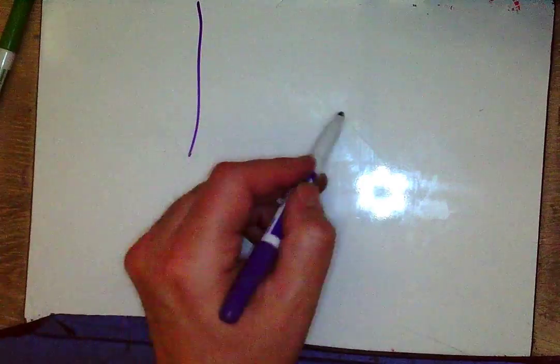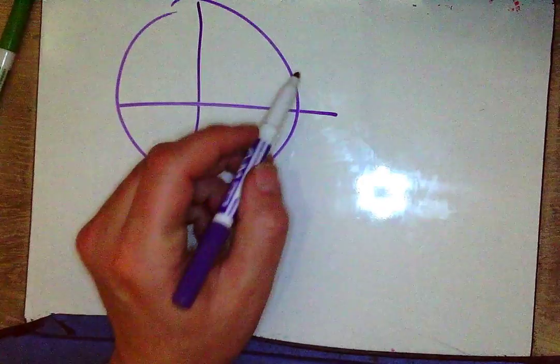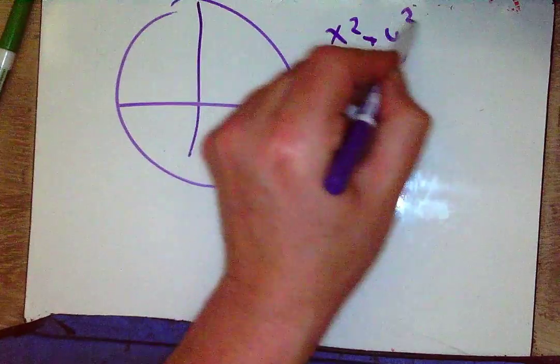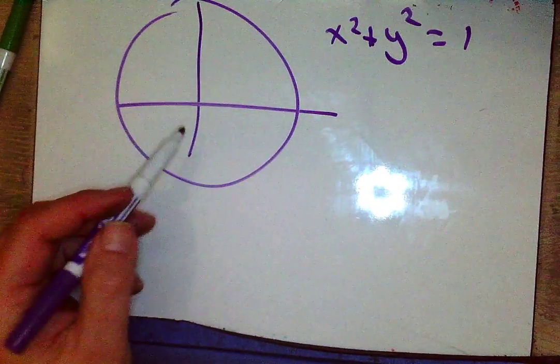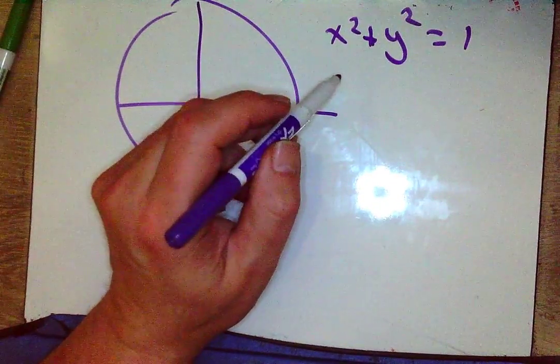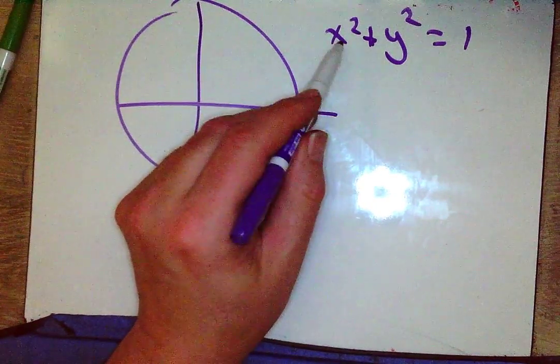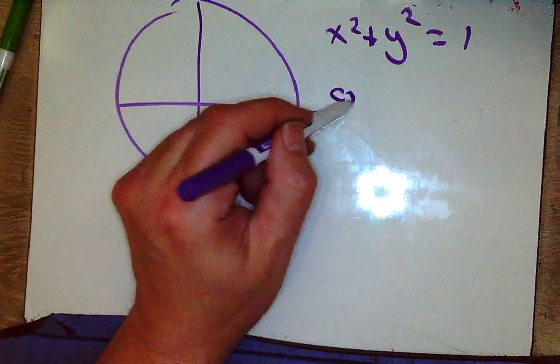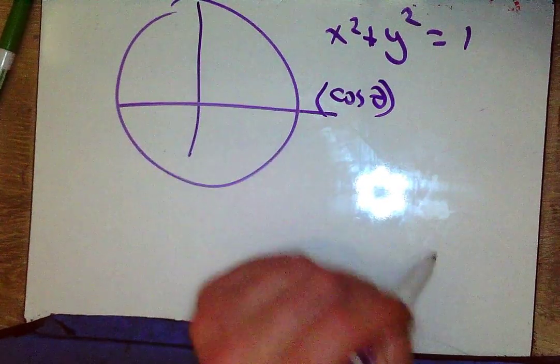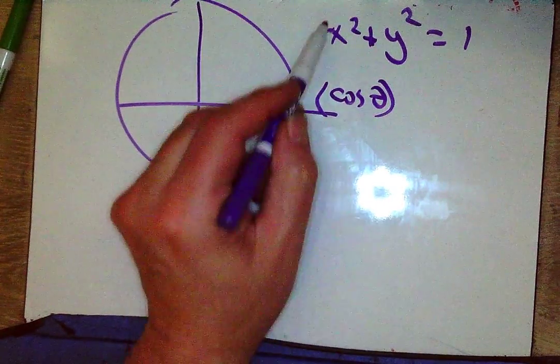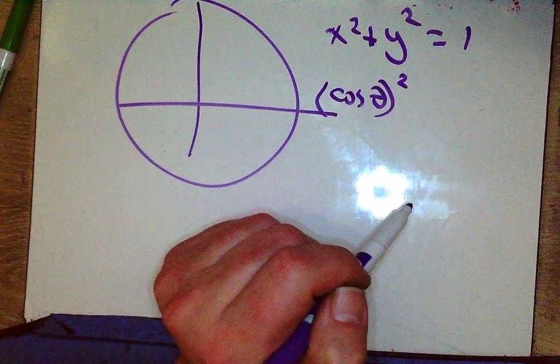Now, this is just going to be sort of a little introduction thing, where I know that the unit circle is x squared plus y squared equals 1. Okay? That's our unit circle. Now, didn't we say a little while ago, at the beginning of this video, that x on the unit circle is cosine of theta? And so if I have x squared and x is equal to cosine, then I need cosine squared.